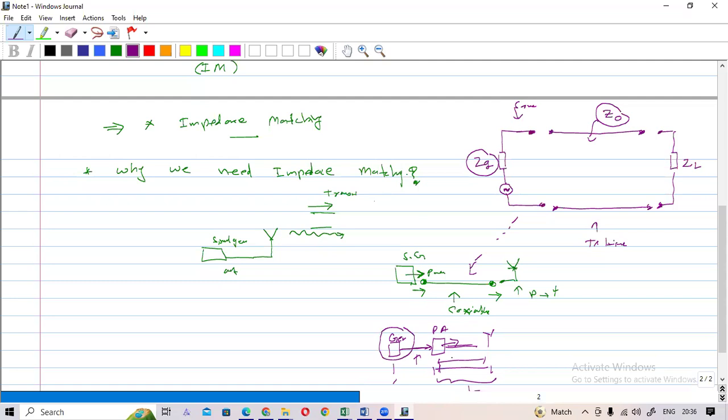But if you consider this specific part, this is the signal source because it emits the signal, then the signal is fed to the antenna, and the antenna is the load. If you consider this section, this is the power amplifier, this is the antenna.